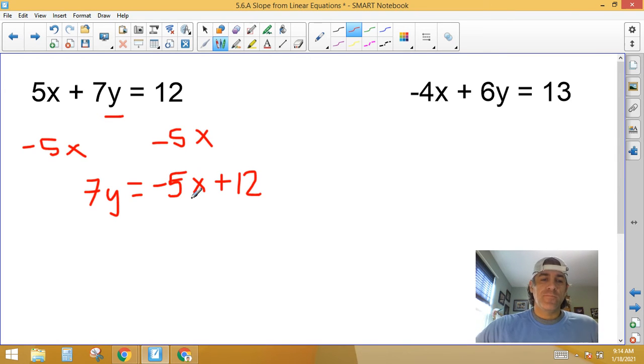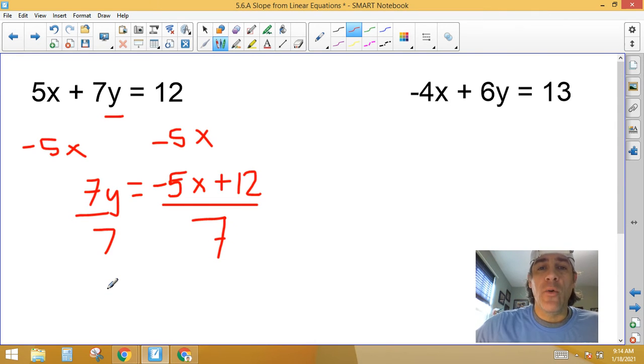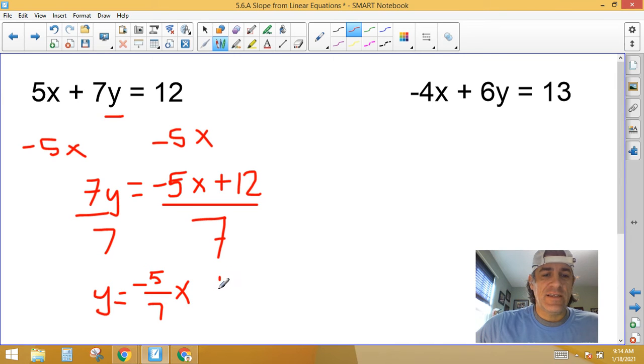And now I'm going to divide by 7. It doesn't work out nicely, but again, all I want to know is the slope. So if I have the equation that starts with y equals, whatever number is in front of the x is my slope. So my slope here is just -5/7.